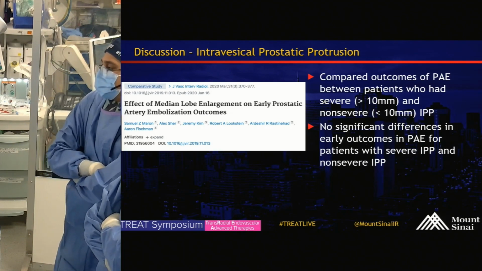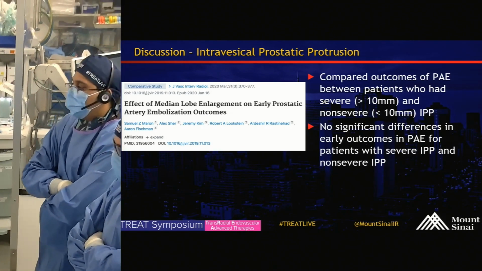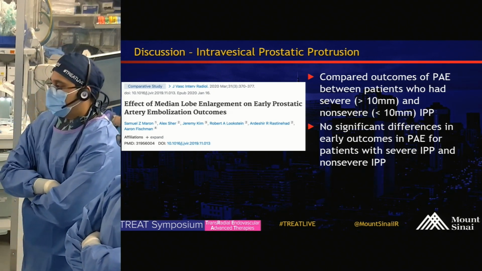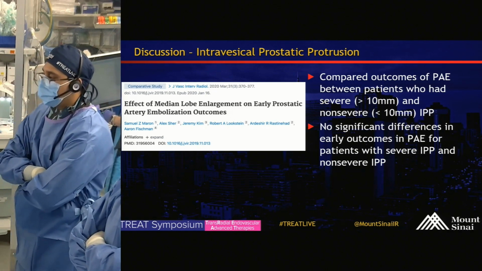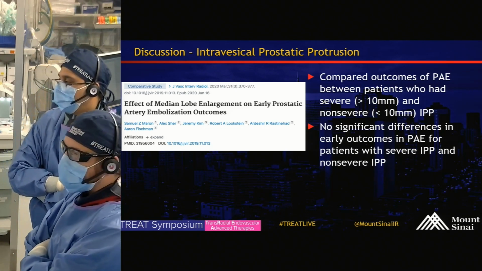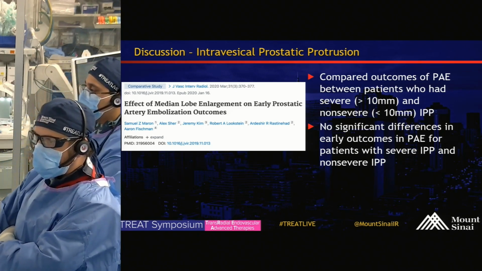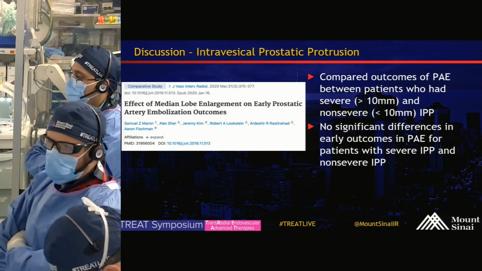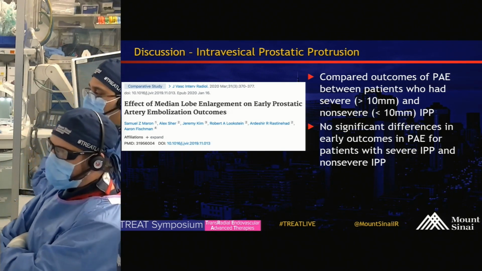And in regards to discussion, the IPP, we published a case report, sorry, in 2020 that discussed outcomes of prostate artery embolization between patients who've had severe, which is greater than 10 millimeters of IPP, and non-severe, which is less than 10 millimeters of IPP.